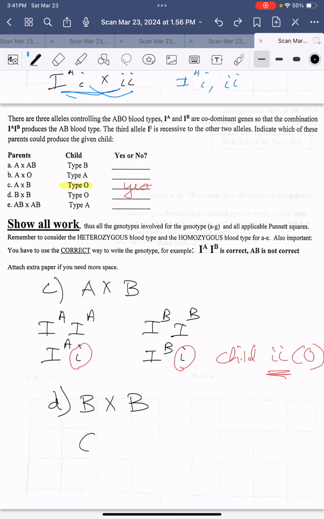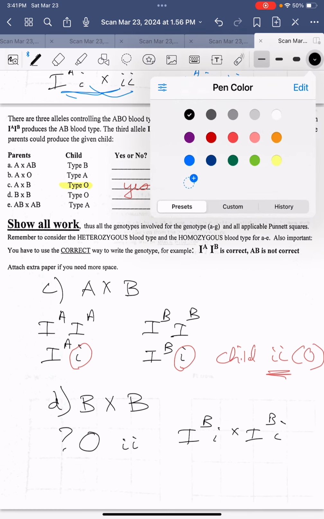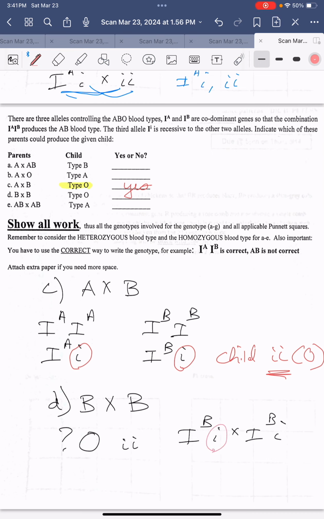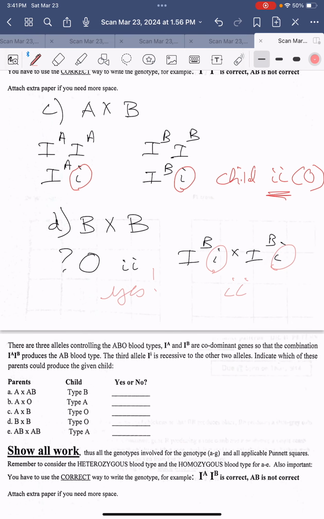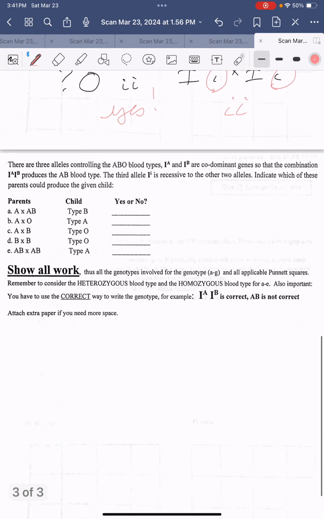Well, remember, the only way you can have type O blood is if you have those two little i alleles, the recessive alleles. So you would have to cross the heterozygous type B blood with each other to produce the type O blood. So yes, it is possible for two parents with type B blood, as long as they have the heterozygous type blood, to produce a child with type O blood.